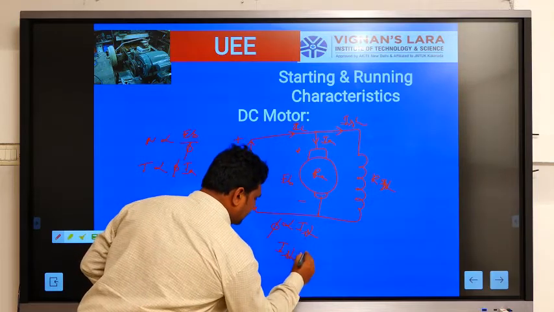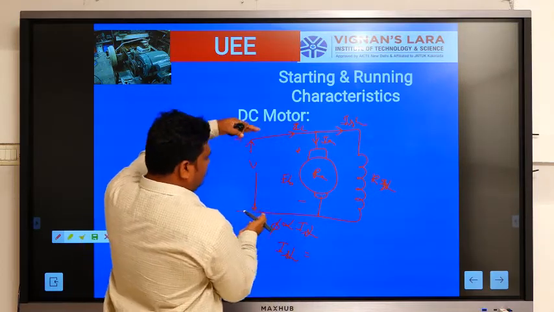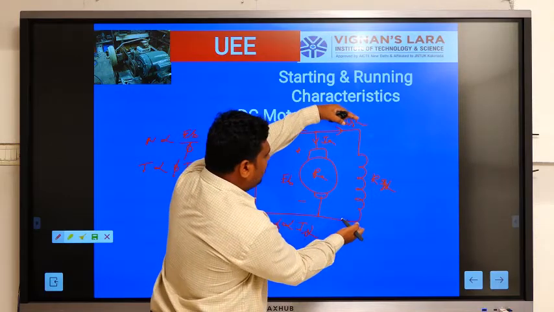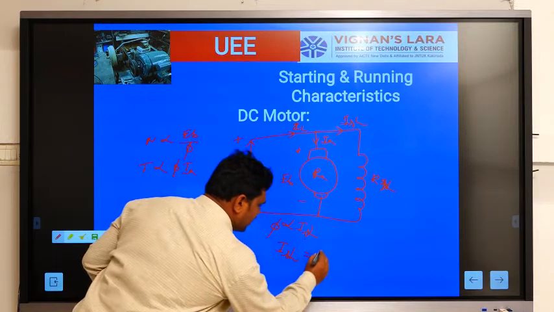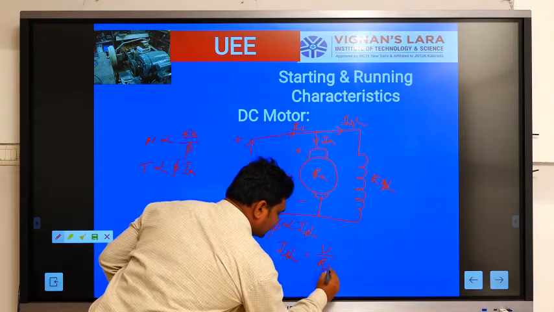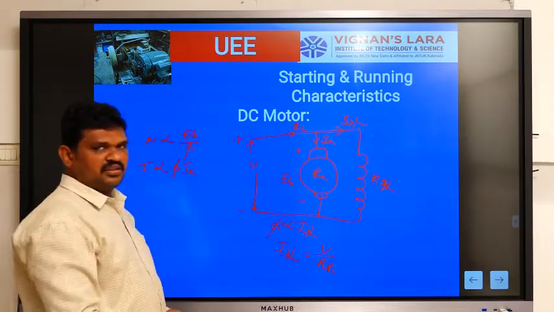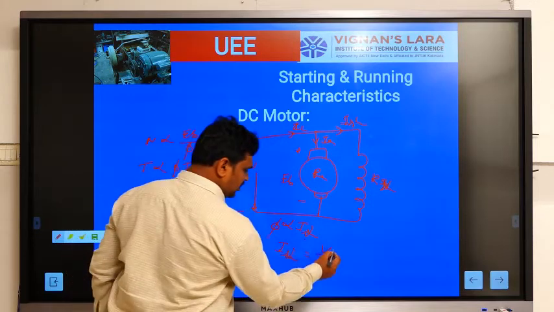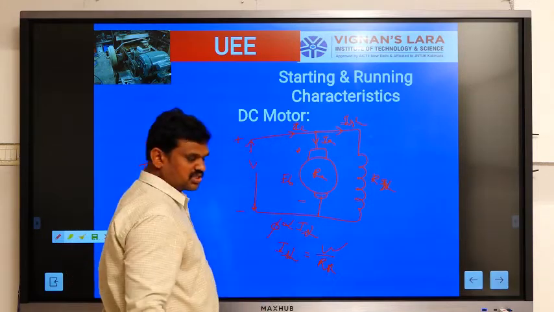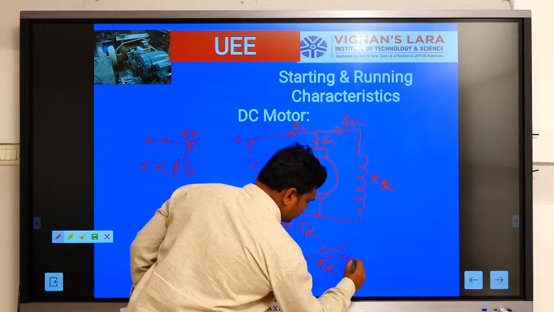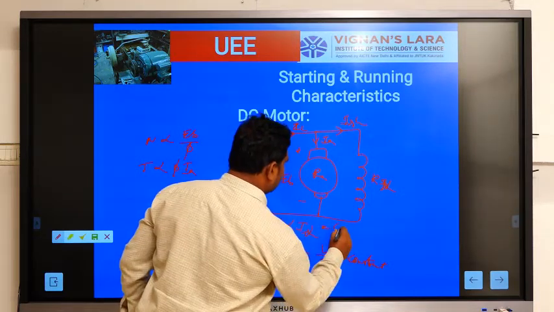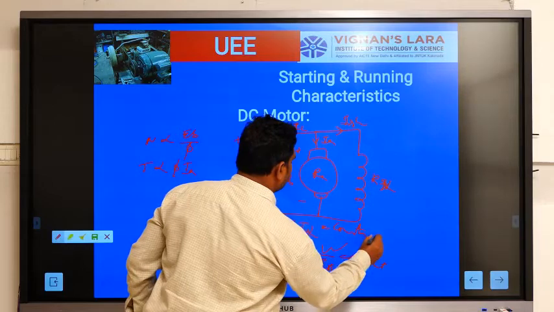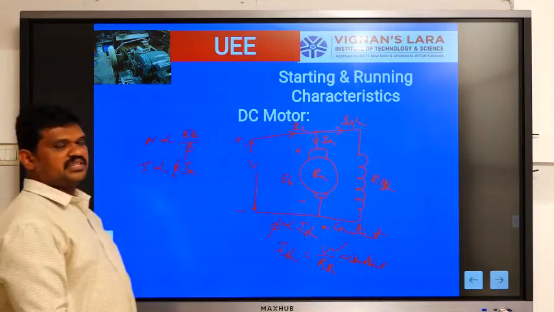Field current ISH is equal to the applied voltage V across the field divided by the field resistance RSH. So V is constant, RSH is also constant, so ISH is constant, so the flux is constant.